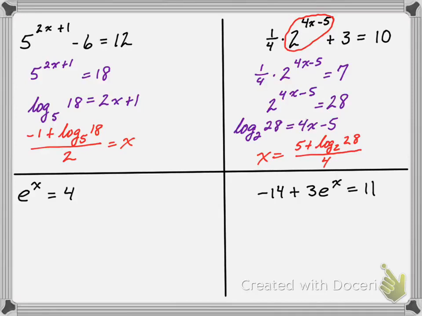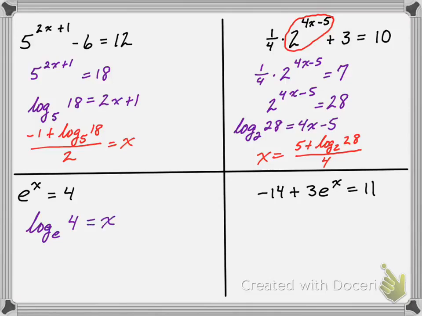Now this next problem is a little bit different in that we have e in these two problems down here, but we still use the same procedure. So we would convert this into a logarithm, which will be log base e of 4 is equal to x.